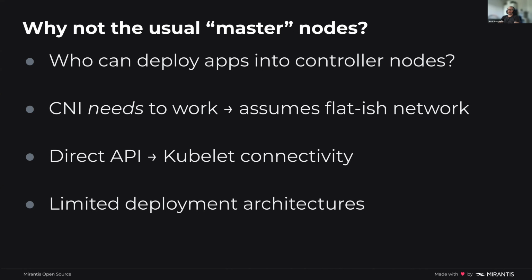And the API and kubelet connection has always bugged me a bit, that the API requires a direct connection to the kubelets. When you do the usual kubectl logs and whatnot, the API is calling the kubelet directly. All this basically boils down to quite limited deployment architectures.